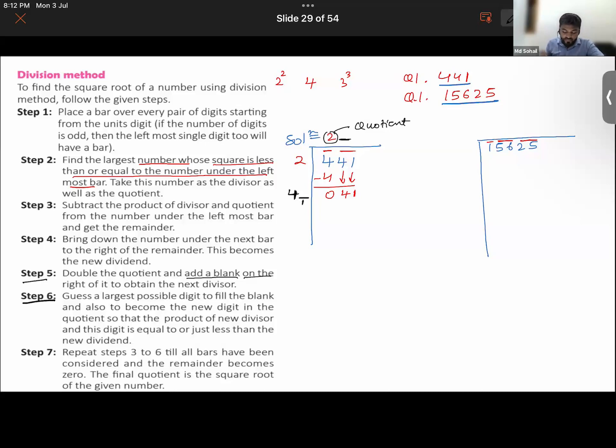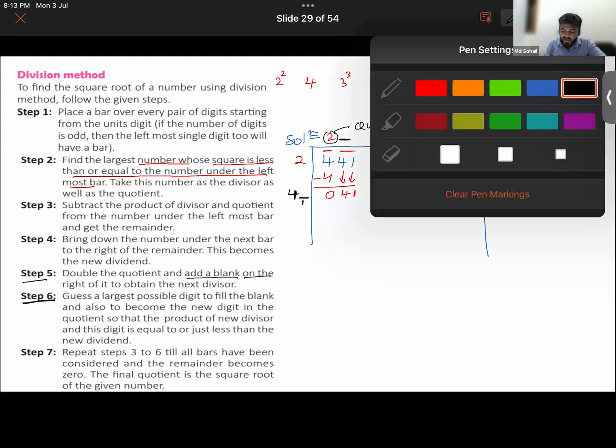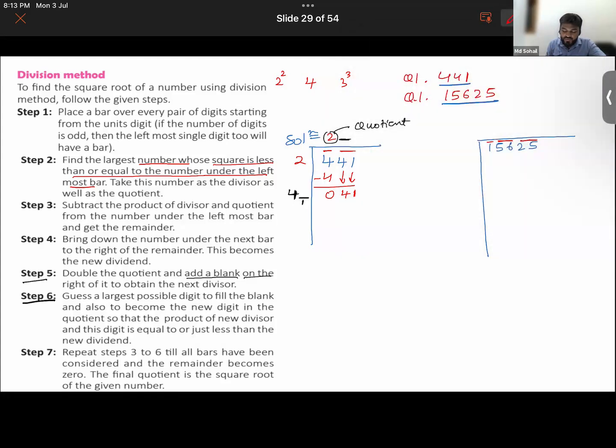So Ahmed, what does step number 6 say? Quickly read this one aloud. Guess the largest possible digit to fill in the blank and also to become the new digit in the quotient so that the product of the new divisor and this digit is equal to or just less than the new dividend. So tell me what number should come in place of this blank, so that this 41 gets cancelled.